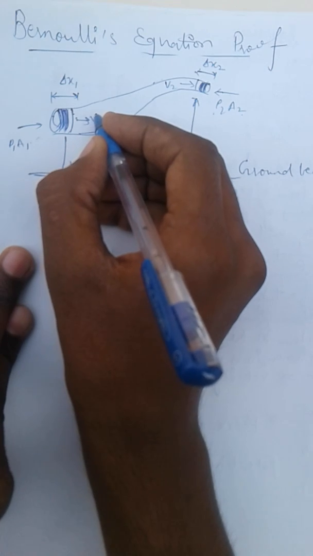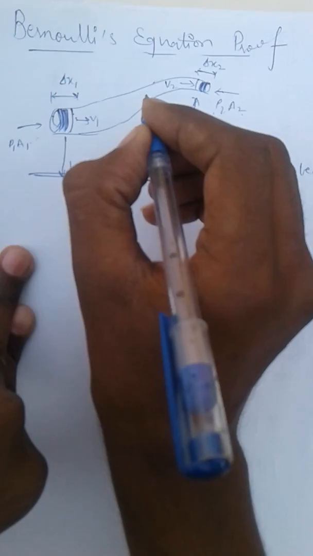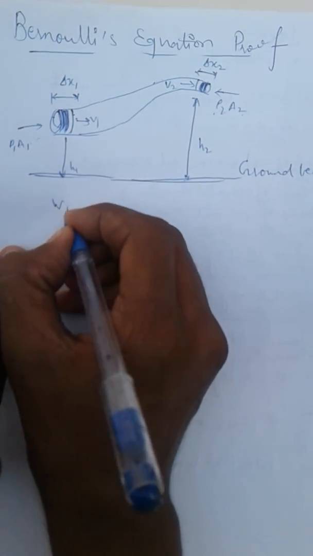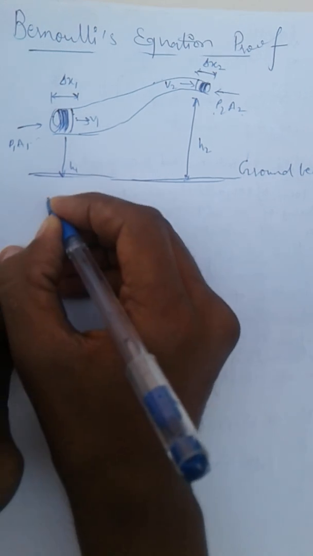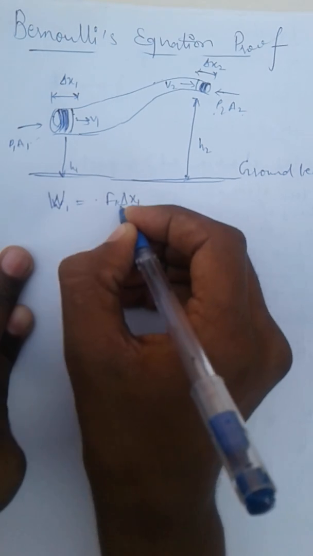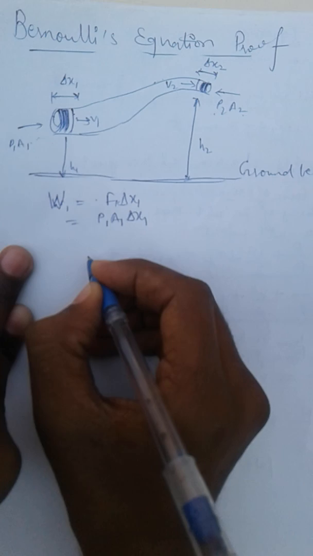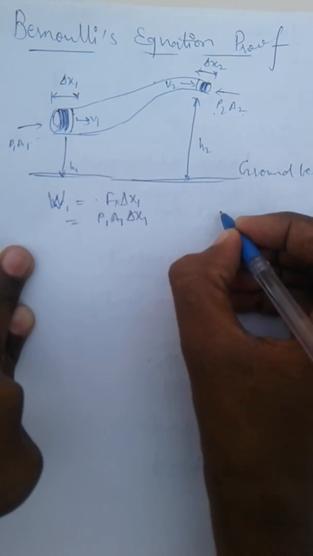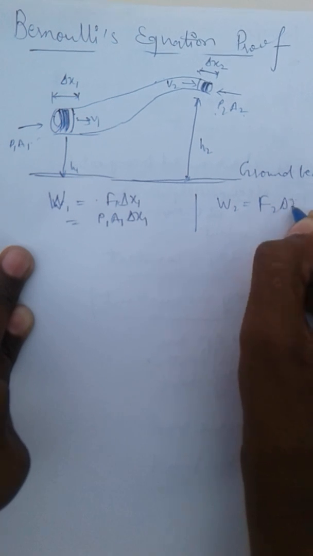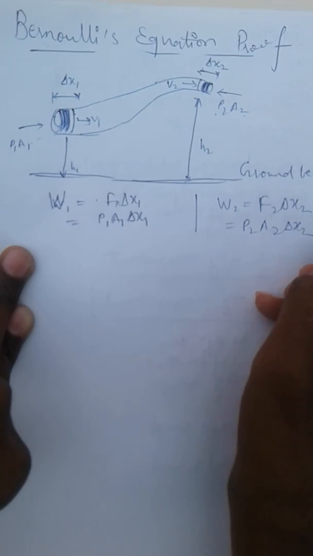Then what is the work done? The work done which moves the fluid through a distance delta x1 is W1 equal to F1 del x1. What is the force? P1A1 del x1. And at this end W2 equal to F2 del x2 equal to P2A2 del x2.